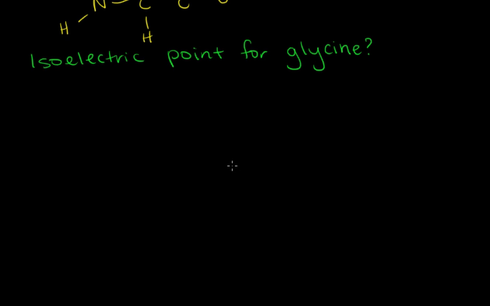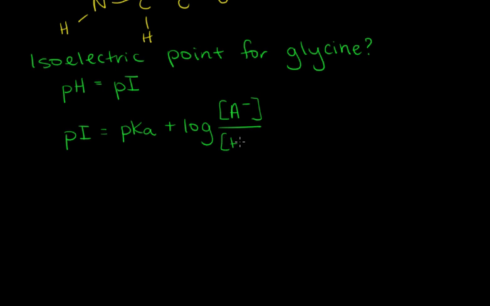The best equation that we can use to do this is the Henderson-Hasselbalch equation, as long as we say that the pH, when all the ions perfectly balance out to 0, is called the pI. So instead of writing pH equals pKa, we write pI equals pKa plus the log of the deprotonated species over the protonated species.